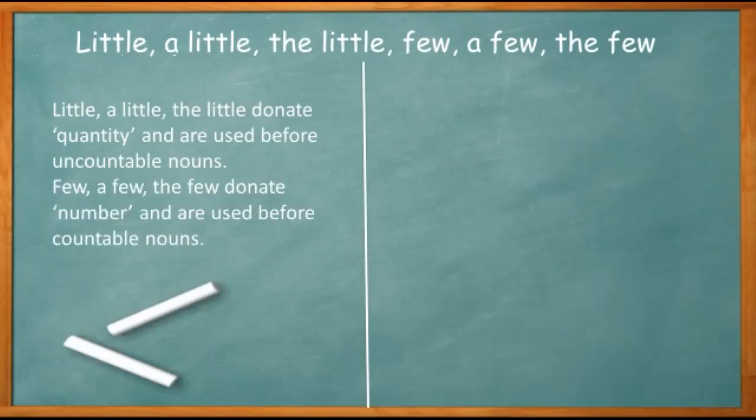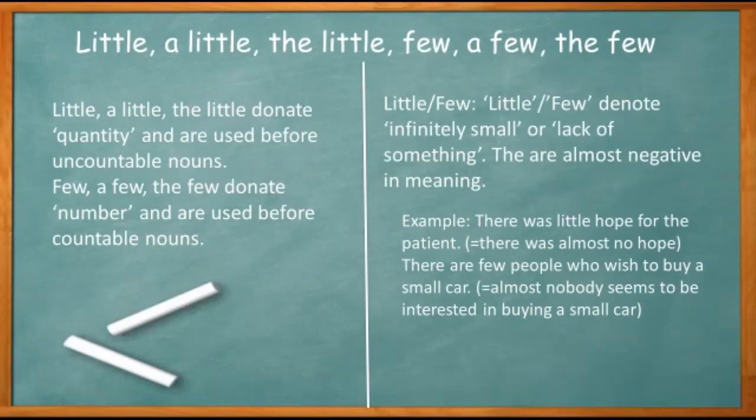Few and the few, they denote number and are used before countable nouns. Little and few, they both denote extremely small or lack of something. They are almost negative in meaning, so they are used in a negative sense.